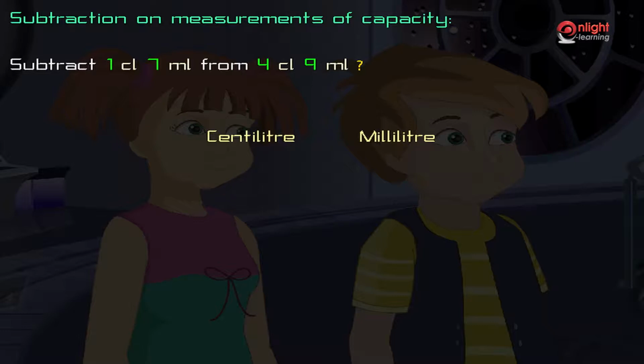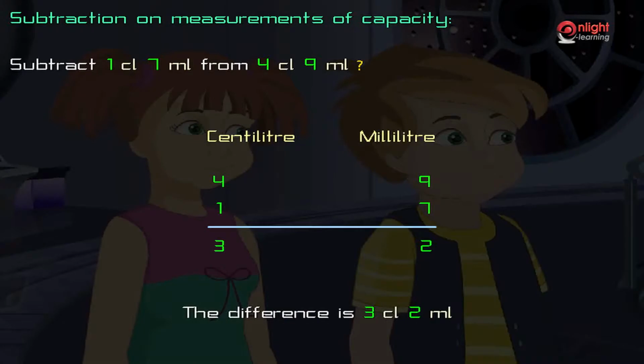Under the milliliter column, we write 9 and 7. And under the centiliter column, we write 4 and 1. Subtracting from the right, first we subtract 9 and 7, which gives 2. Now subtracting quantities in the centiliter column, we get 3. Hence the difference is 3 centiliters 2 milliliters.